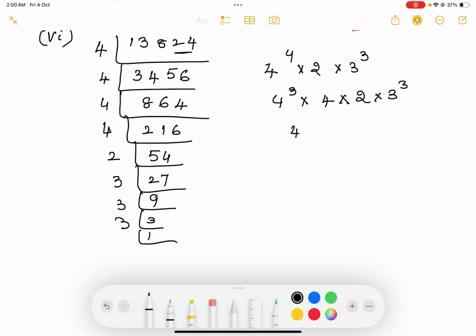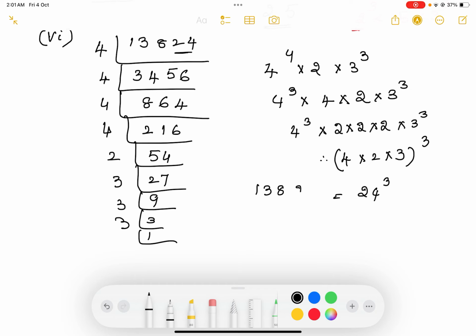So that means it is 4 cube multiplied by 4, meaning 2 into 2, and already there is 2, multiplied by 3 cube. So therefore you can write this as 4 multiplied by 2 multiplied by 3, the whole cube. Which is nothing but 24 cube, the value of 13824. So the cube root of 13824, these are the steps you have to write in the exam to get the score.